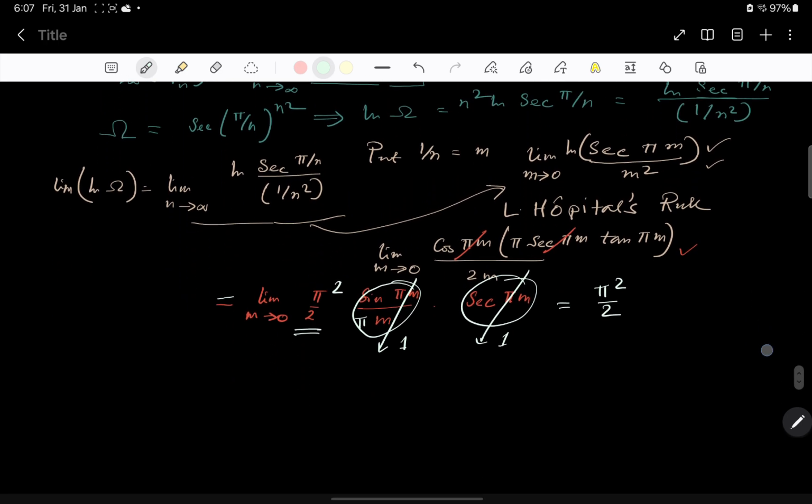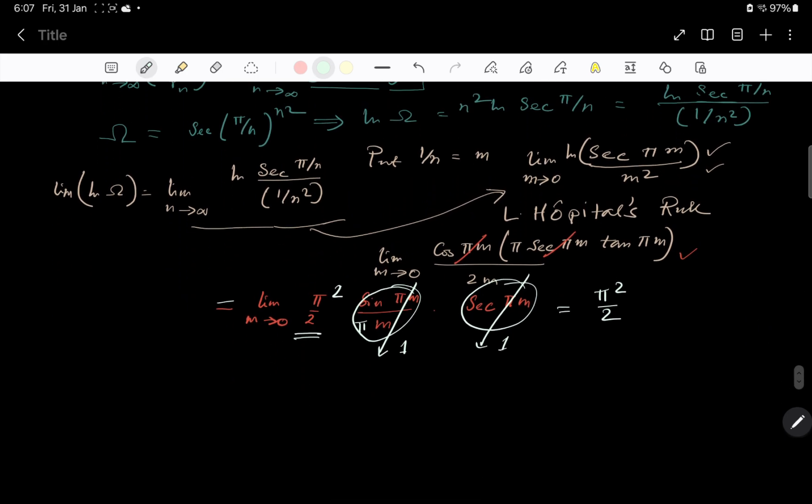So what we are getting at the end of the day is the limit of log of this omega is nothing but pi square over 2, which implies the limit of omega is equal to e to the power pi square over 2.